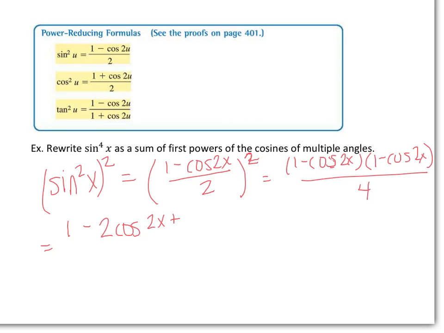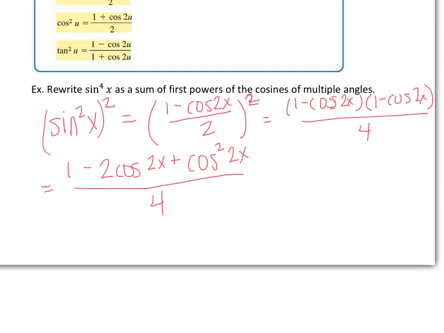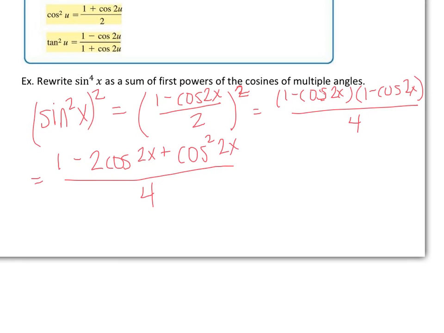And now it's plus cosine squared 2x. And this is still all over 4. Now I'm going to substitute in for this cosine squared.